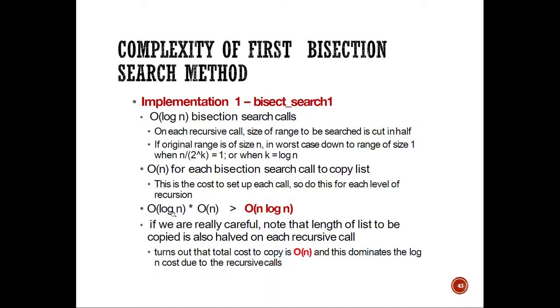If we are really careful, we can note that the length of the list to be copied is also halved on each recursive call. Turns out that the total cost to copy is order n, and this dominates the log n cost due to the recursive calls.